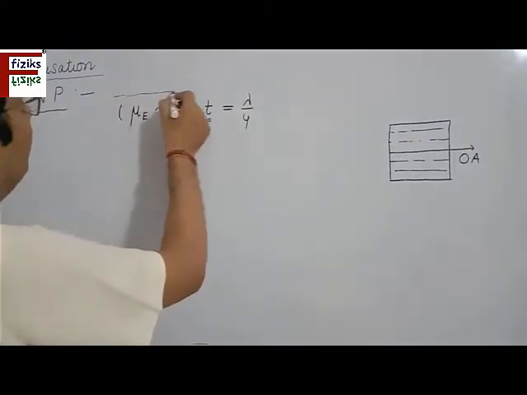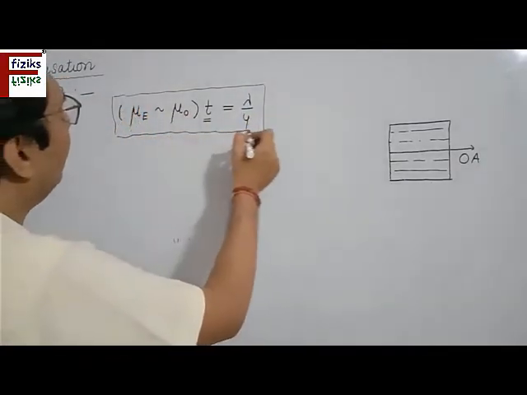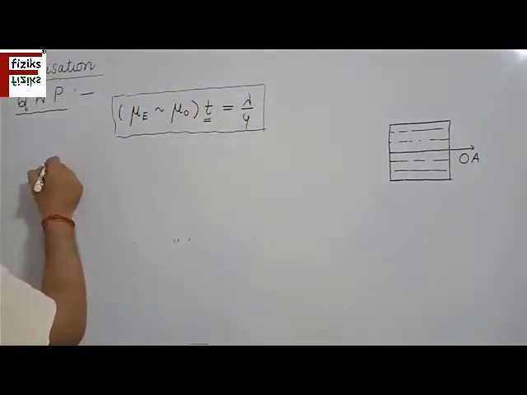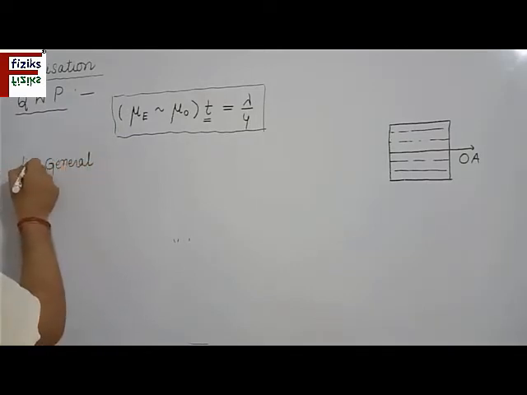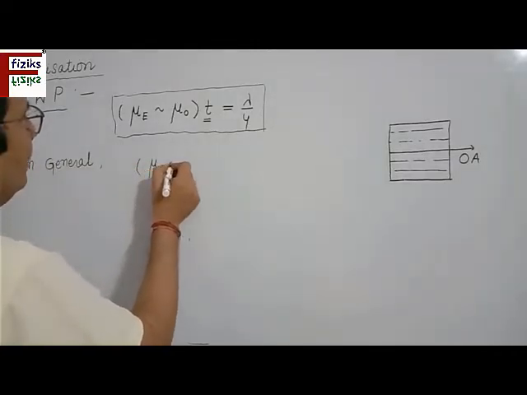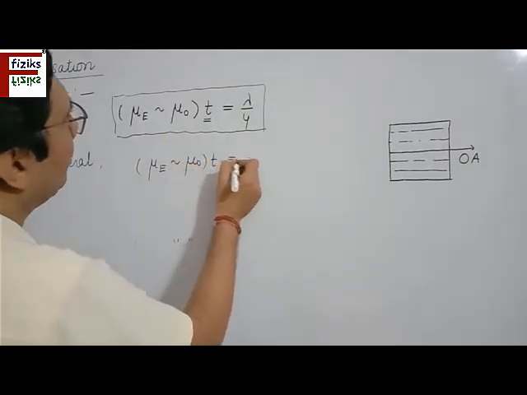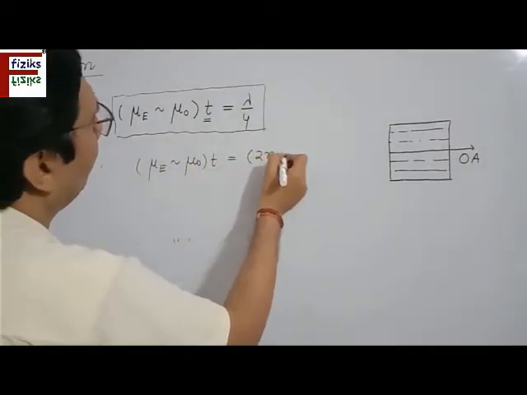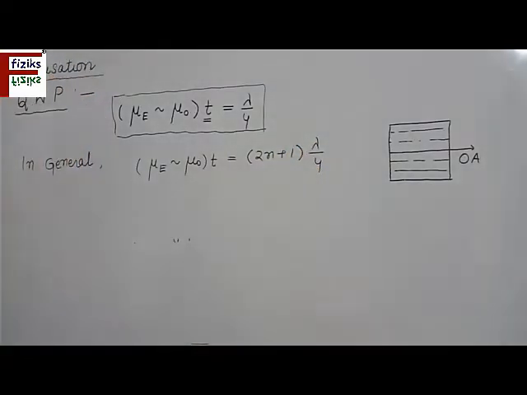This is the most used expression, but the general expression is (mu E minus mu O) into T equals (2n plus 1) λ/4.